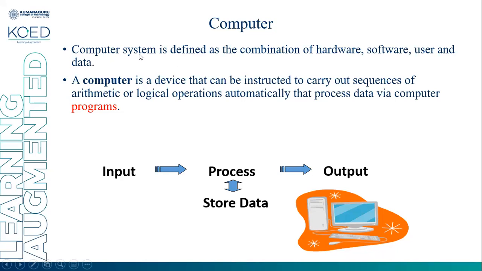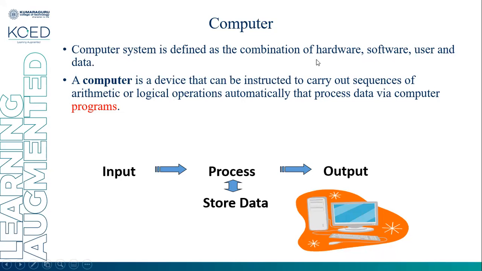A computer system is defined as a combination of hardware, software, user, and data. Hardware is the machine which is in front of you, which contains a monitor, a keyboard, and various slots like a USB slot.